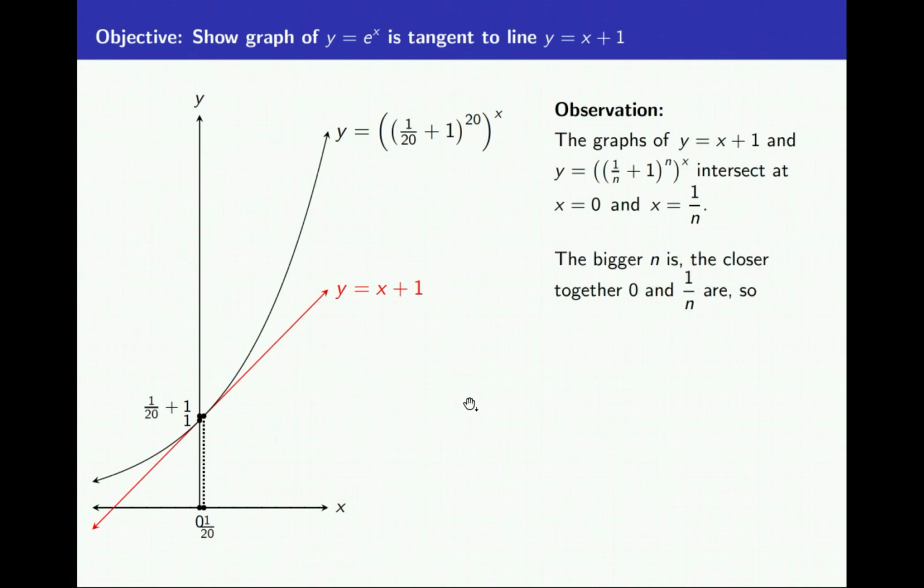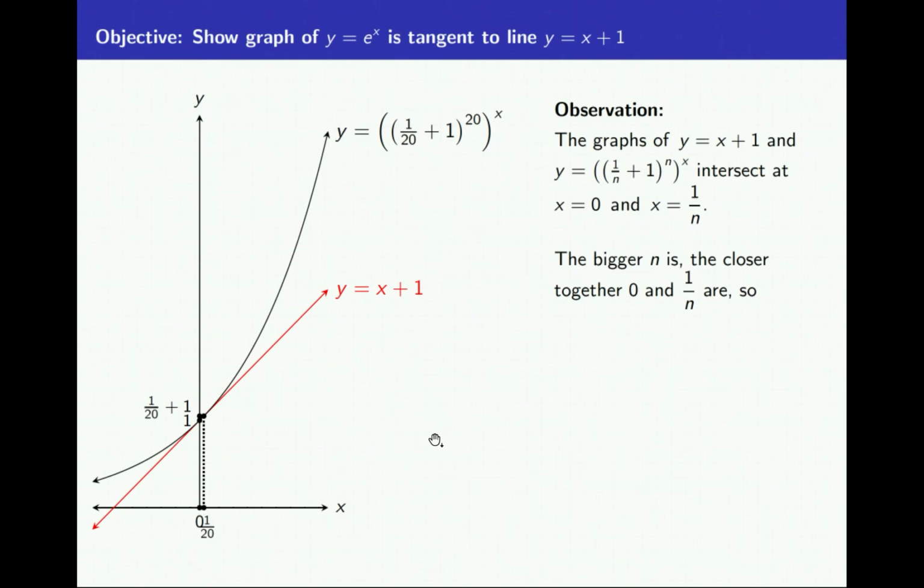The observation I want to make here is that the bigger n gets, the closer and closer this exponential function is to being tangent to the line y equals x plus 1. Because the bigger n is, the closer together 0 and 1 over n are.